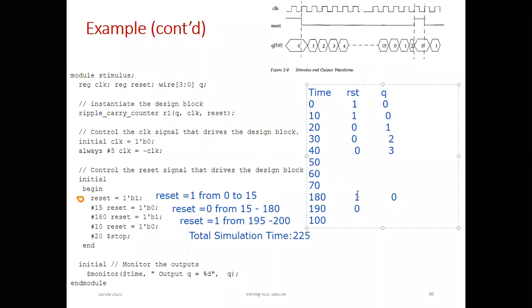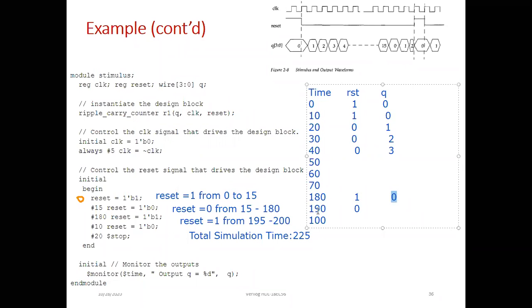Because reset is 1, Q will become 0. What is it now here? 3? How come 3? See here, at time 180, the reset is 1. When the reset is 1, the counter will get cleared, so I'm getting 0.